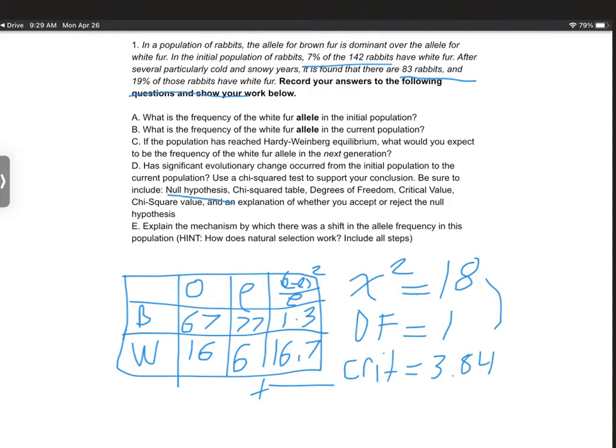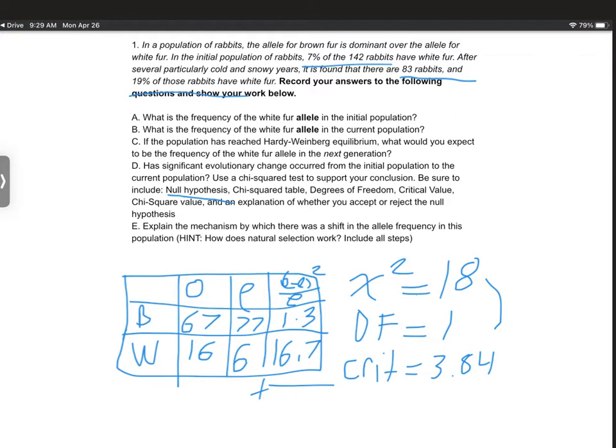For the last part, part E, it's really just asking you to explain the shift through the tenets of natural selection. So we'll start out with, more baby rabbits are born than are going to survive. Variation, so some of the rabbits have white fur and some of the rabbits have brown fur.